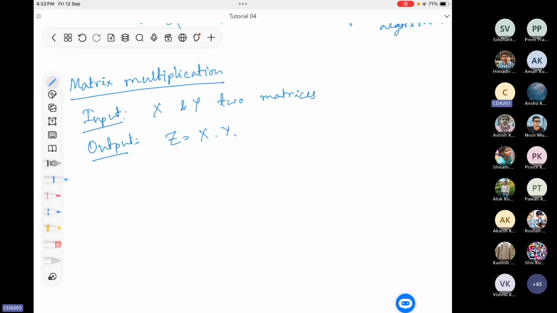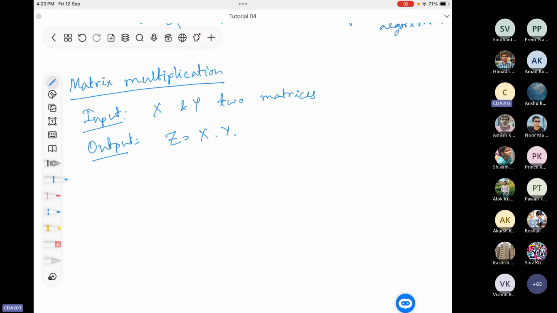The main idea is to understand the application of divide and conquer. That's why for simplicity, I am considering n cross n square matrices. But I can also apply these techniques to non-square, rectangular matrices.